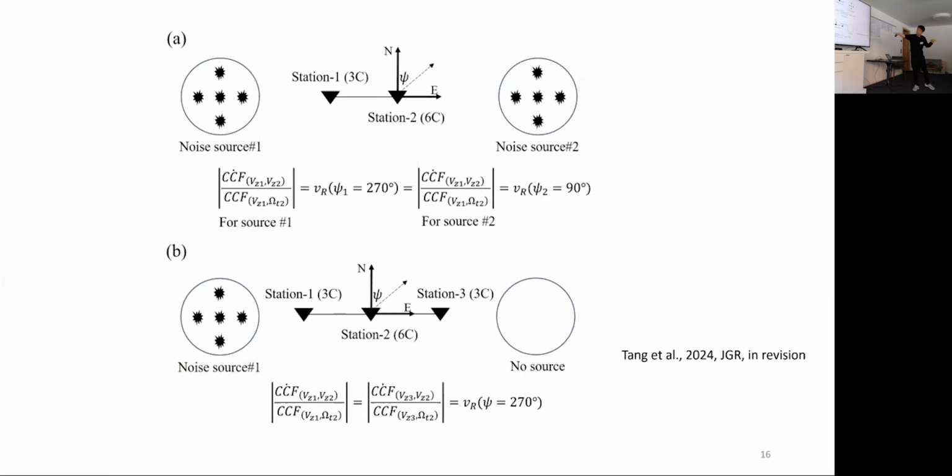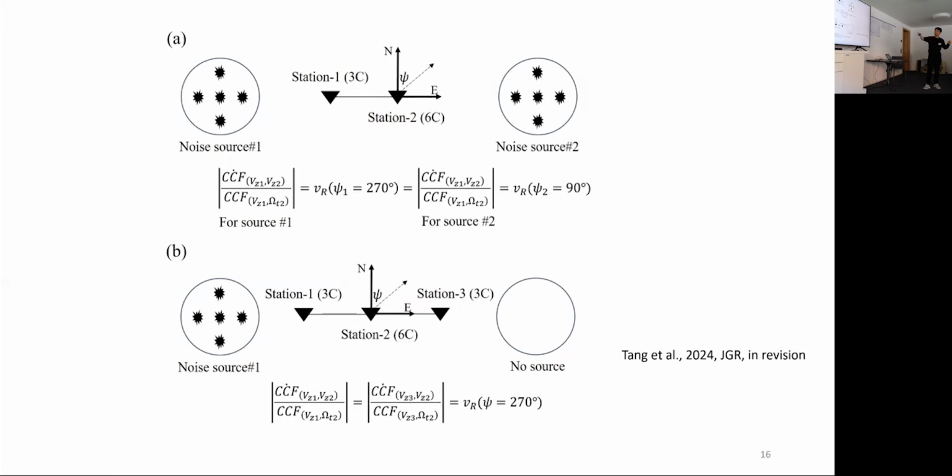If you look at figure B, if you have two pairs of stations in opposite directions and one-side source, and you do the cross-correlation between the first station and the second station, you can estimate the local phase velocity from 270 degrees.